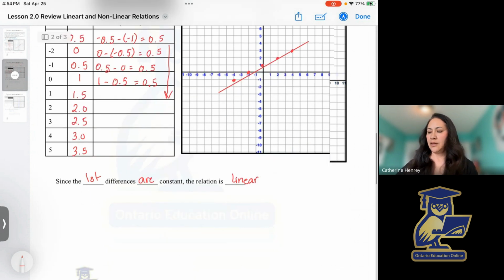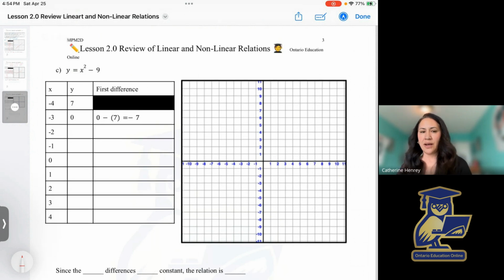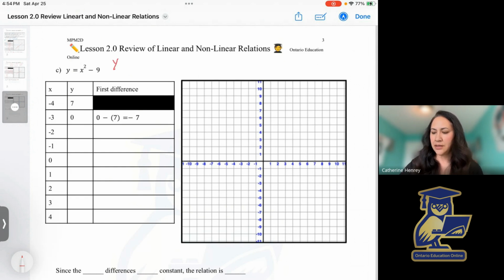Let's take a look at our last example. We have y equals x squared minus 9. We'll go ahead and start to plug in some values. So y is equal to -2 squared minus 9. -2 squared is 4. So here y equals -5.